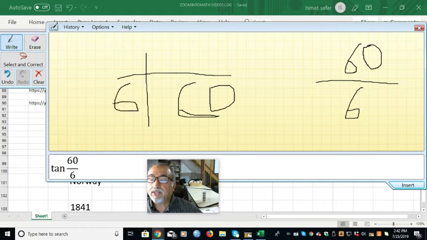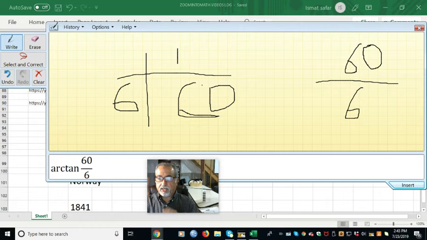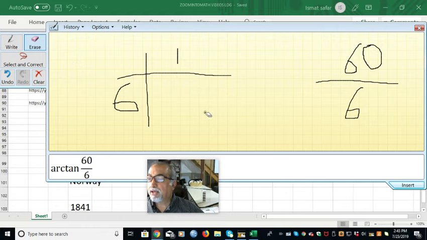Okay, so 60 divided by 6. Let's see how many 6s in 6. First step is 1. There's one 6 in 6, right?